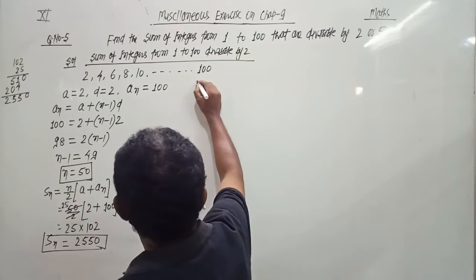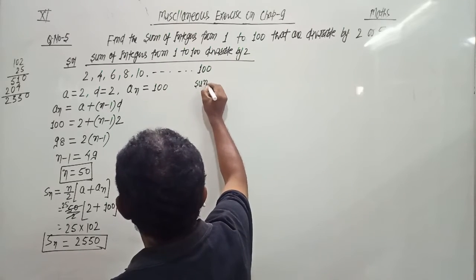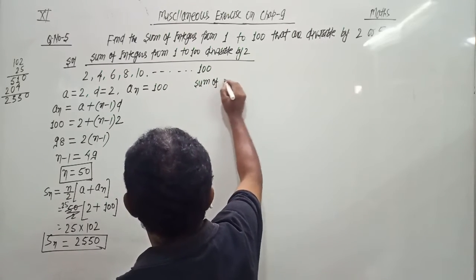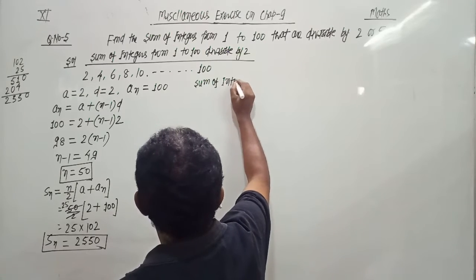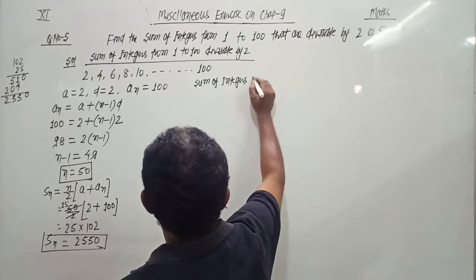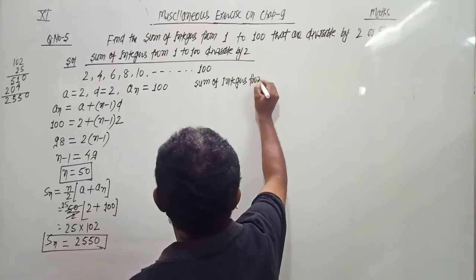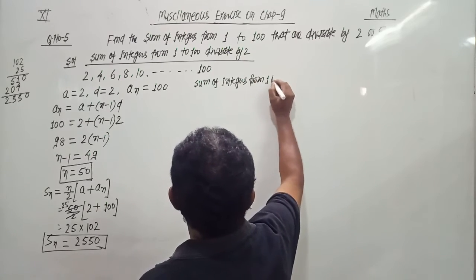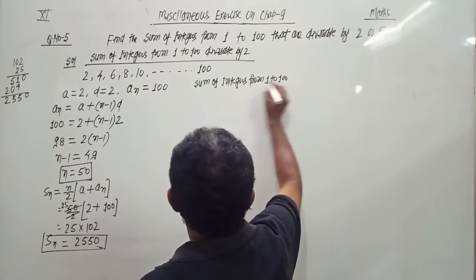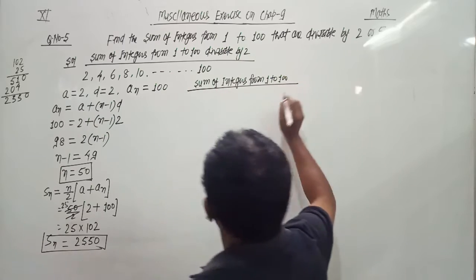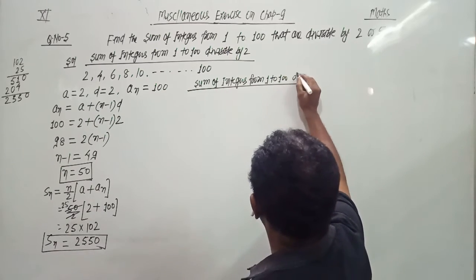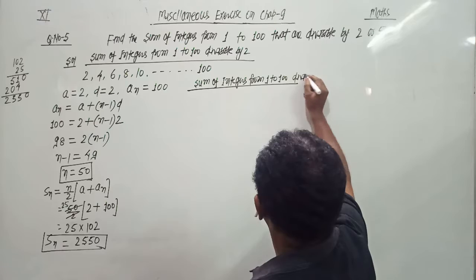Now we find the sum of integers from 1 to 100 divisible by 5.